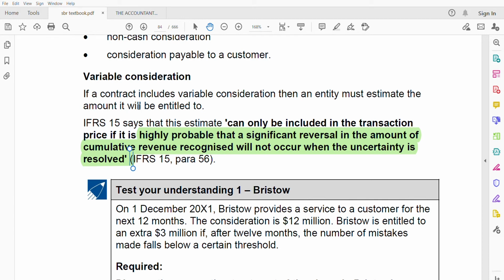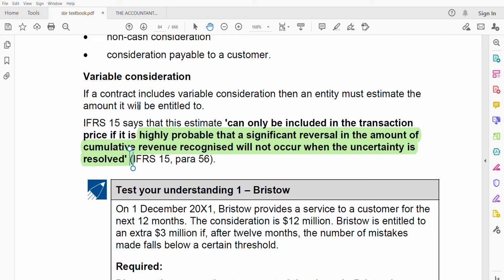What does it mean? Significant reversal in the amount of cumulative revenue recognized will not occur when the uncertainty is resolved. That means the cumulative revenue which you have recognized will not change so much.